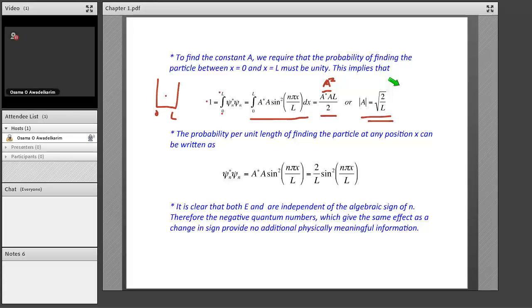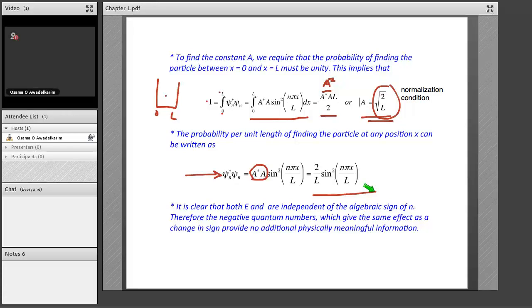So our probability function, which is psi star psi n, is simply A star A, which is the square of this, so that gives us 2 over L sine squared of n pi x over L. That gives us the probability of finding the particle at some given position x.